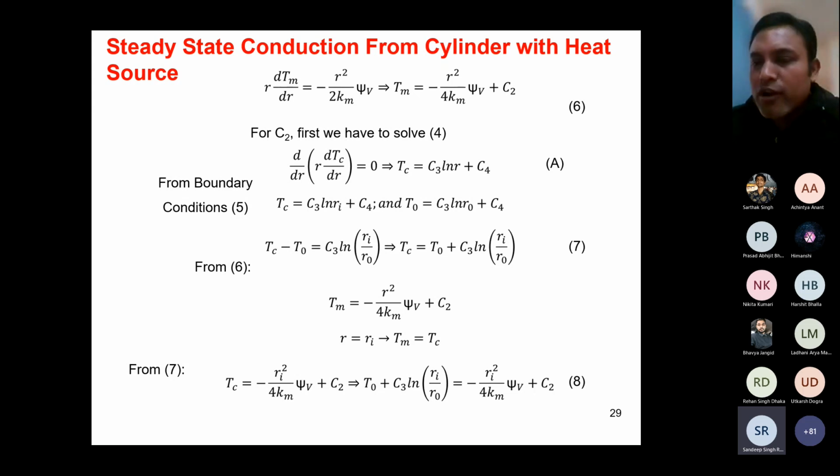Do you all agree with me or not? Yes, sir. In this equation you have to apply the second boundary condition, Tm is Tw at r equals to r naught, and that is going to give you C2. Then that C2 you have to back substitute in this equation 6.